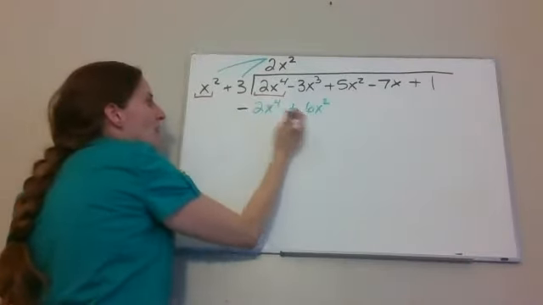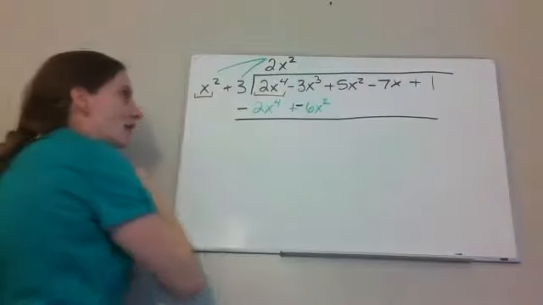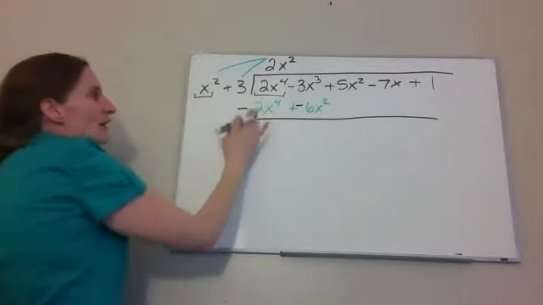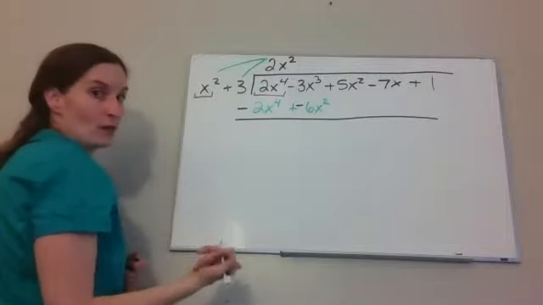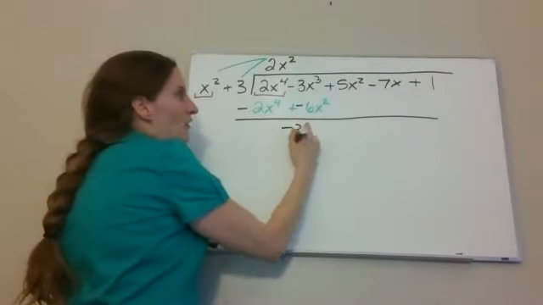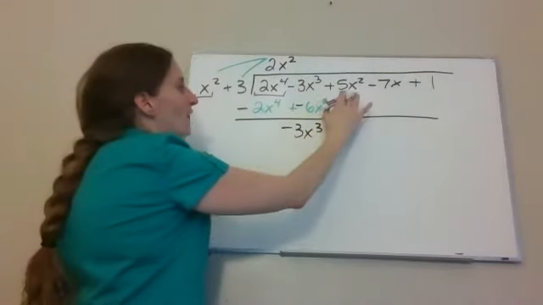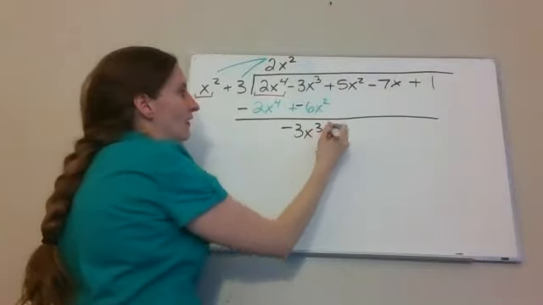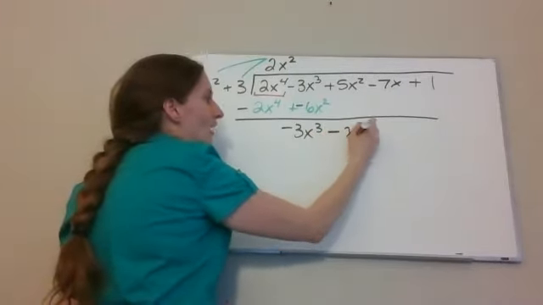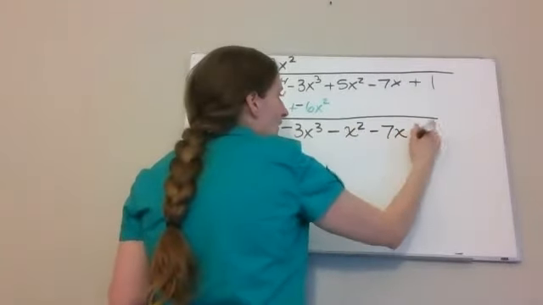Change the signs so they both become negative, and add the two lines together. My 2x to the fourth and negative 2x to the fourth subtract away. I have a negative 3x to the third. And then I have 5x squared minus 6x squared is a negative 1x squared. And I still have minus 7x plus 1.